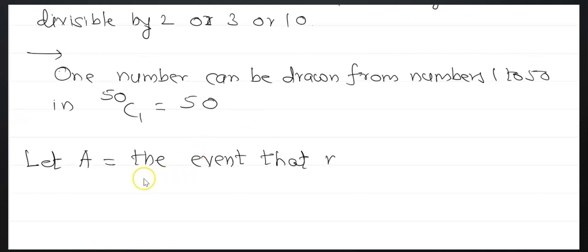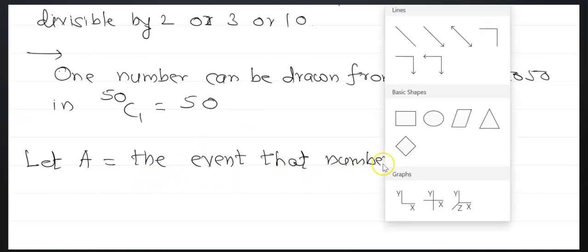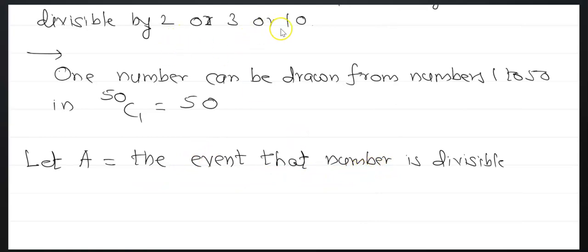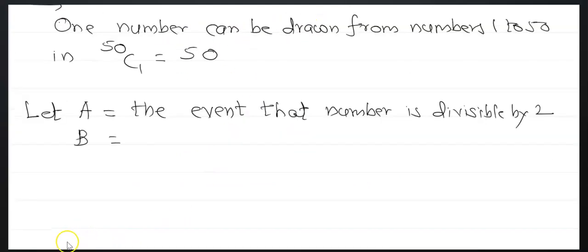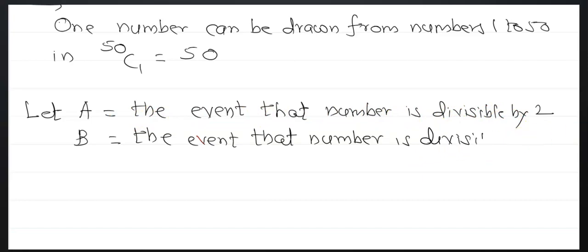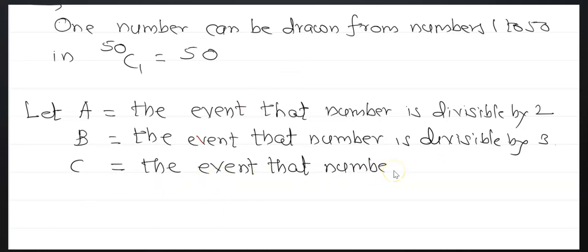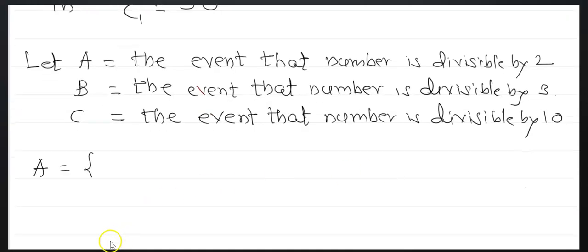One number is drawn. What about the event which is divisible by 2, 3 or 10? Therefore, A is the event that the number is divisible by 2, B is the event that the number is divisible by 3, and C is the event that the number is divisible by 10.